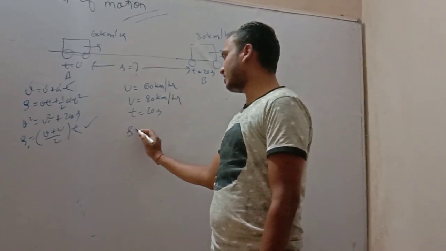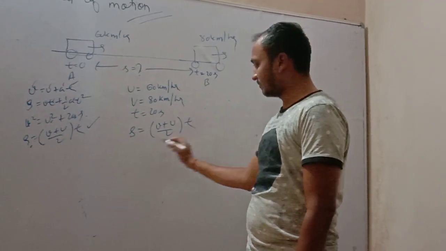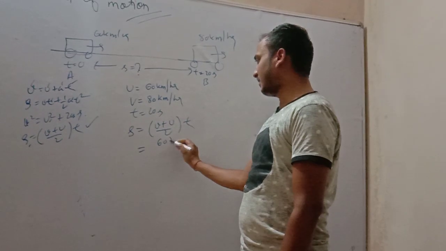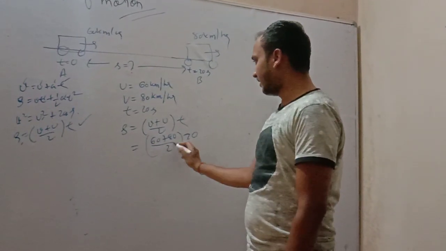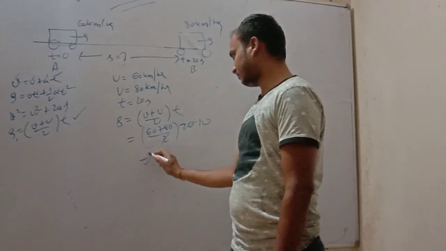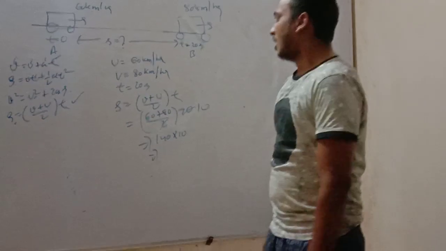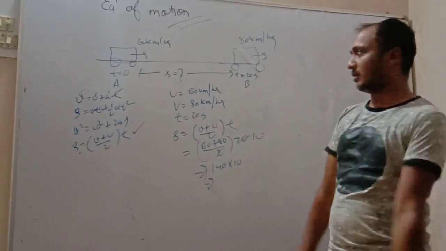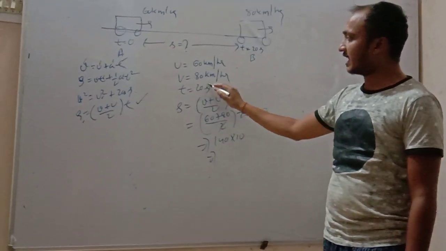By using s equal to (v plus u) by 2 into t and putting in the values, we get (60 plus 80) by 2 into 20, which is 140 into 10. Friends, here the speed is in km per hour, but the time is in seconds.